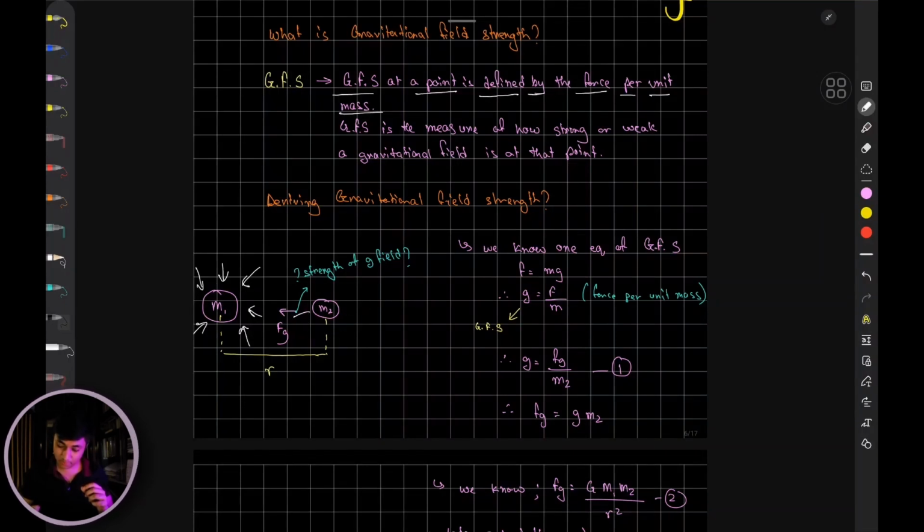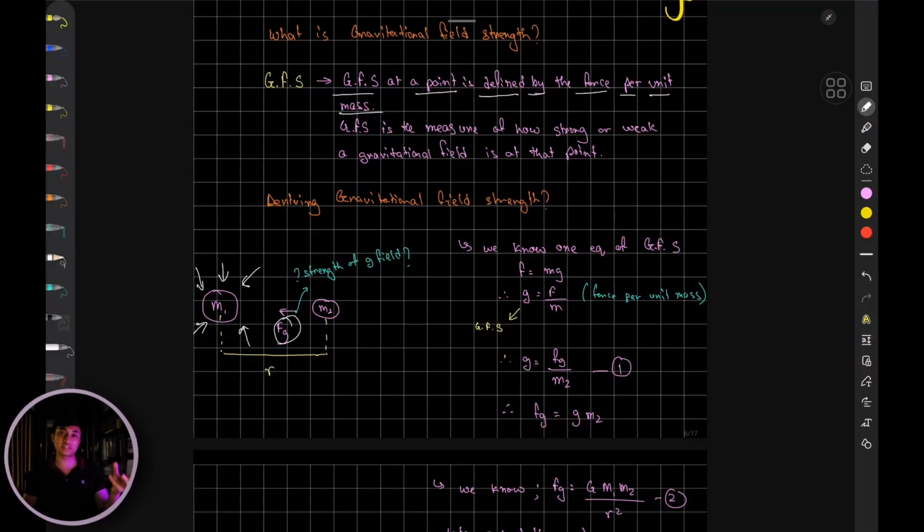Both of these gravitational fields interact, and both pull the other mass towards its center. M1 is going to pull M2 towards its center and M2 is going to pull M1 towards its center. What that results in at the end of the day is a net gravitational force, Fg.